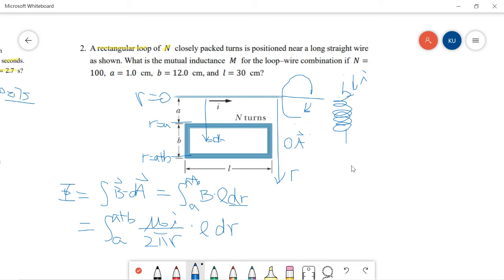So this is B. So we have mu 0 I L, a constant, over 2 pi, a constant, and the integral from a to a plus b of dr over r.